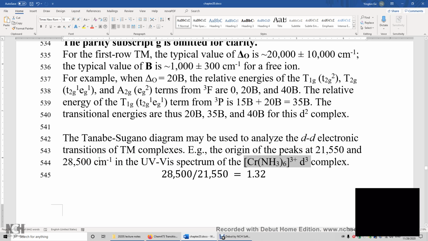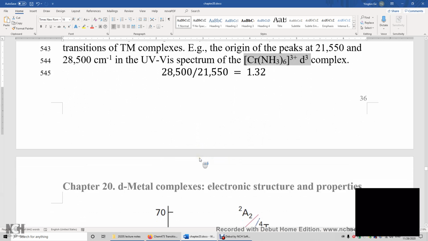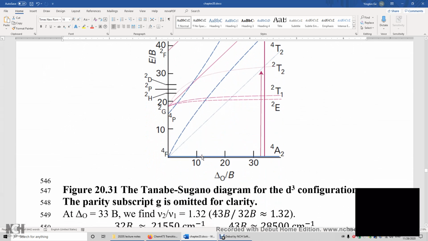Well, we can also use the Tanabe-Sugano diagram for the D3 complex. So first, we can take a ratio between these two wave numbers. So this 28,500 over 21,500 is 1.32. Now I'm going to show you the Tanabe-Sugano diagram for the D3 configuration. So that means we need to look at those curves and find two data points.